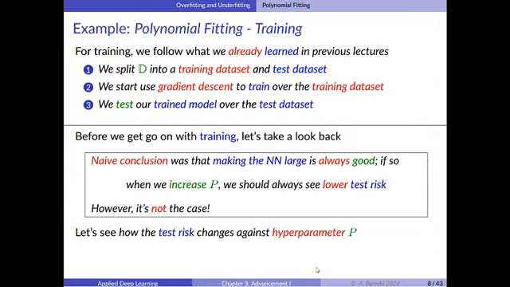You know that we have to split the data into training and test, and we start training using gradient descent, and then we test it on the test data. The naive conclusion is that making the neural network larger is always good, but it is not.